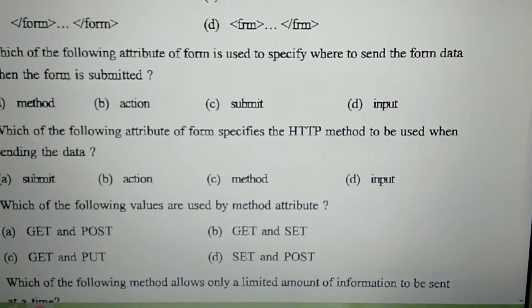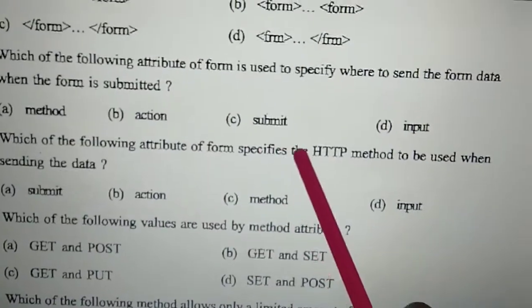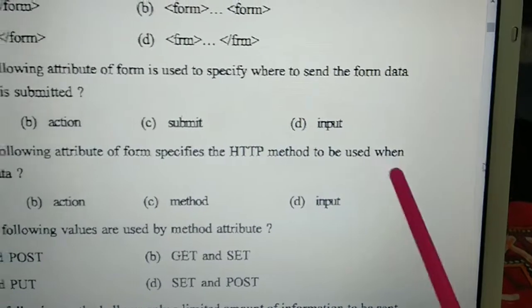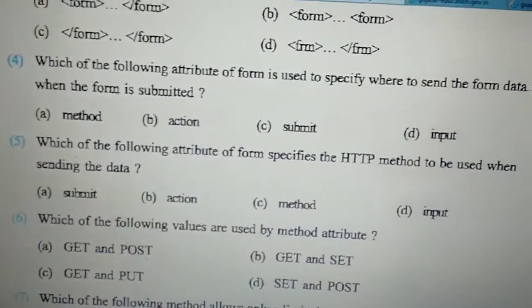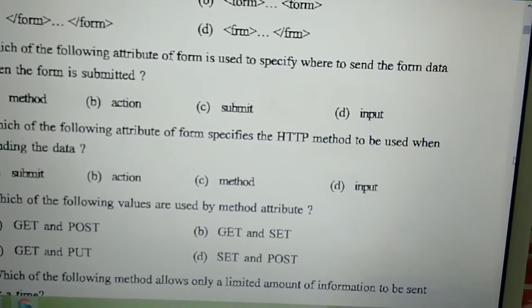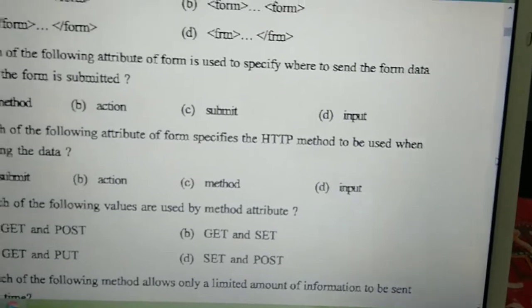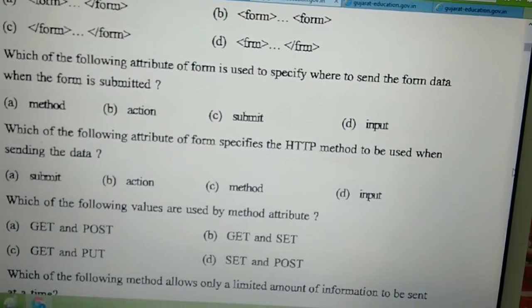That's why the HTTP method is used. Which attribute specifies the HTTP method to be used when sending the data?